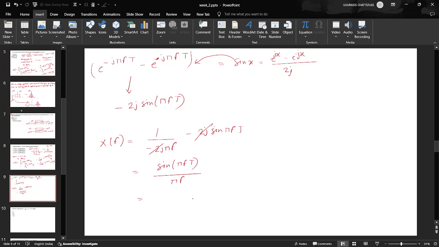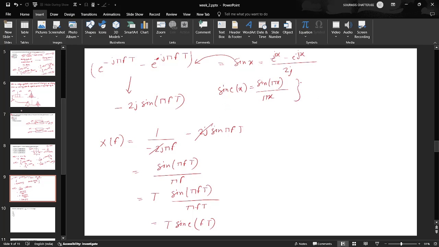If you want to write it in terms of the sinc function, we need to have a T outside, so that we have sin(pi f T) by pi f T, and T sinc(fT), where the sinc function we have seen has the following expression: sin(pi x) by pi x.